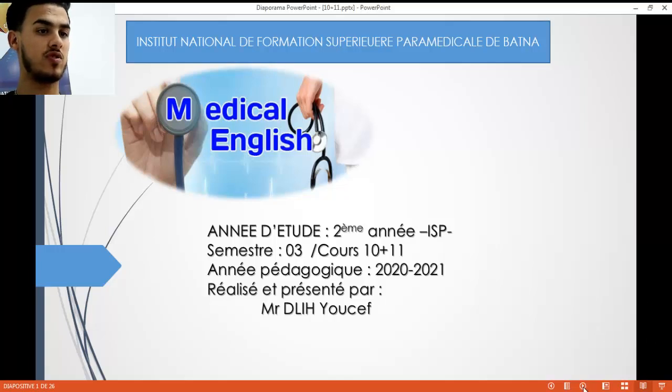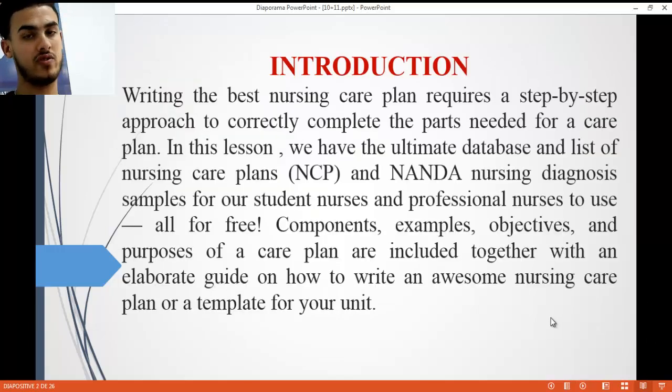To start, we first have to define the nursing care plan, or NCP. Writing a nursing care plan requires a step-by-step approach to correctly complete the parts needed for a care plan. In this lesson, we have the ultimate database and list of nursing care plans and examples, and nursing diagnosis samples for student nurses and professional nurses.